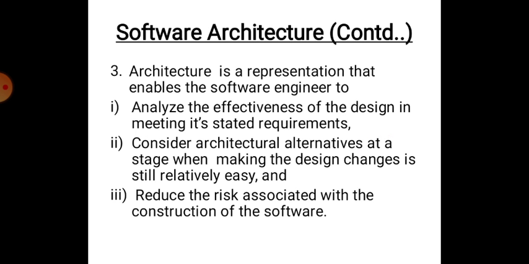Students, when you talk about the software architecture, it should speak whether the stated objective is met or not, or whether there are alternatives, and we can think of other alternatives when the changes are small. Also, it should talk about the risk factor.